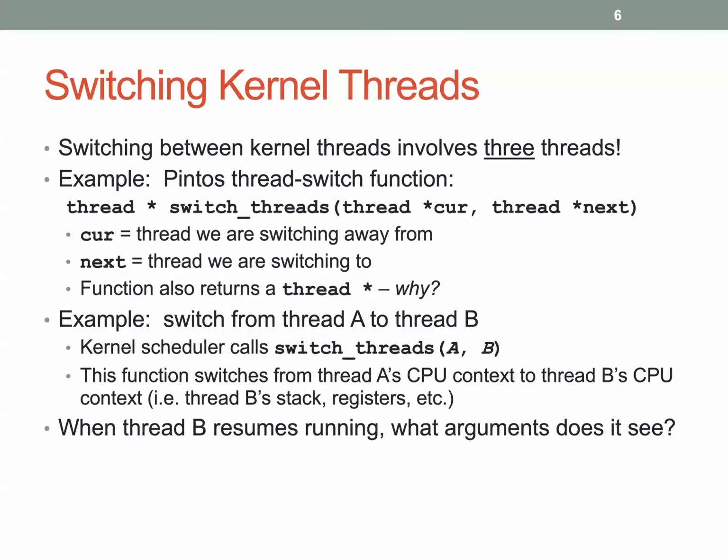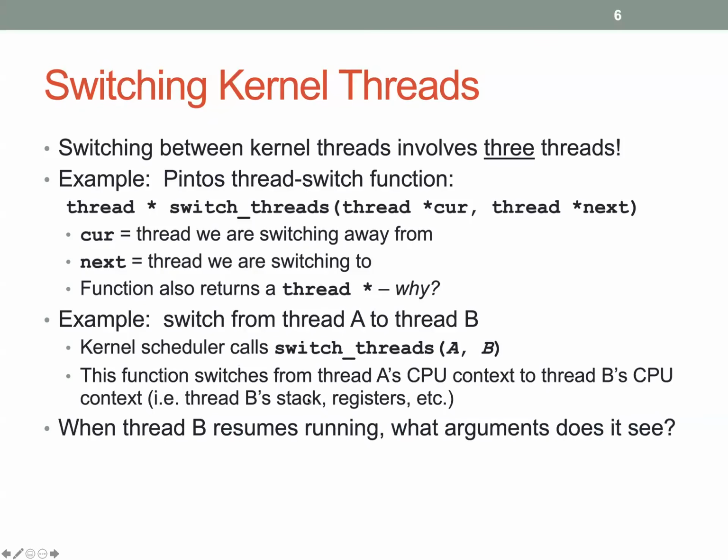And so the question is, when thread B starts running, what is it going to see? Because you're changing the machine context. Well, thread B, when it resumes running, will it see the arguments A and B passed to switch threads?